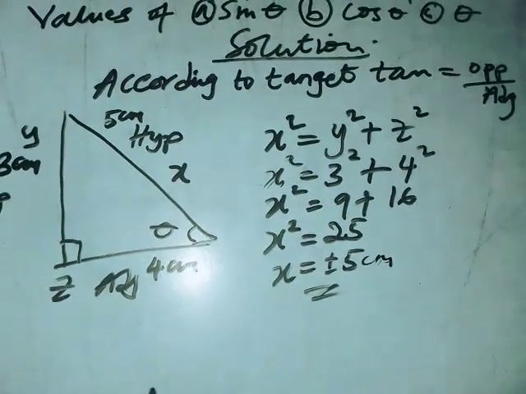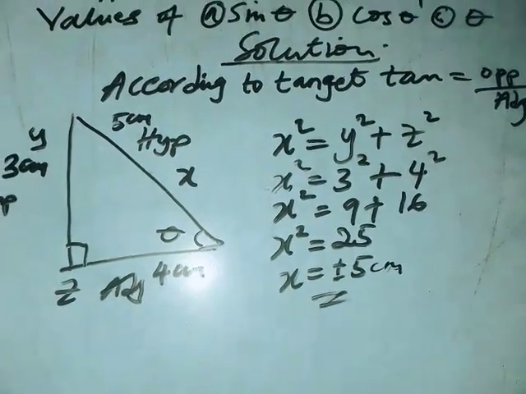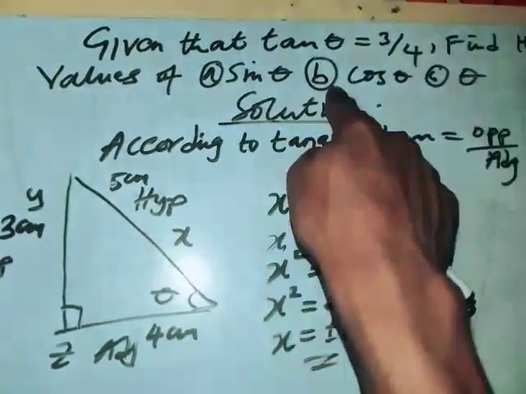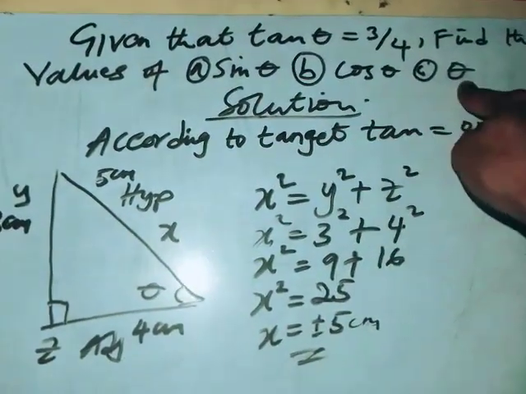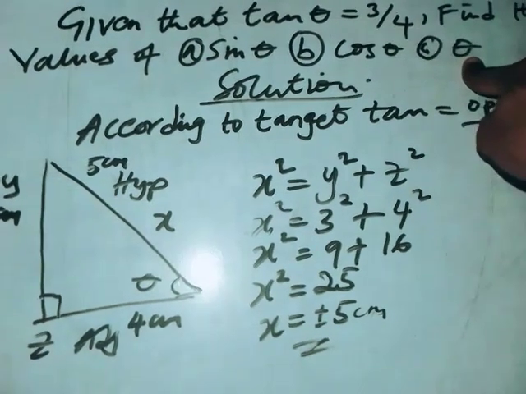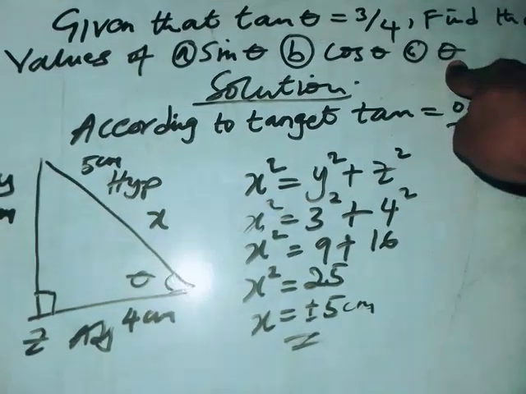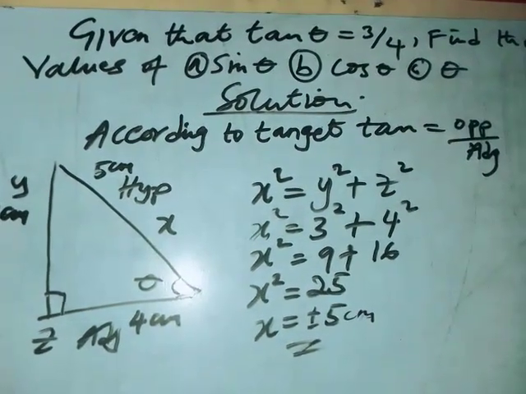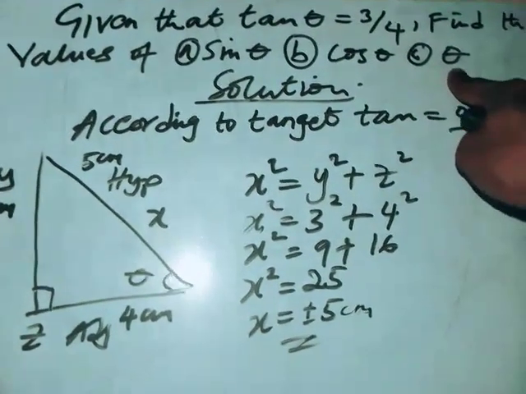Now we have to find, no, we have to find sin theta, cos theta, and theta itself. So how can that be done? First of all, let's find theta first.